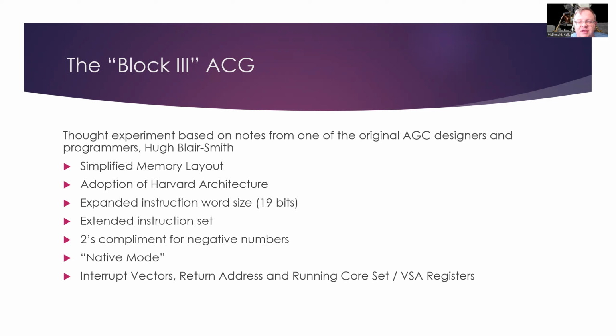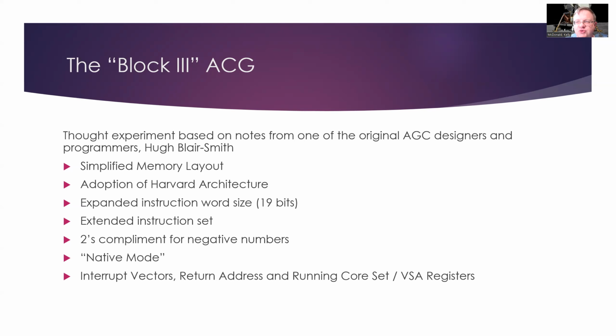There's also talk of adopting a Harvard architecture. I'll talk a little bit about that in just a second. The AGC is more the traditional von Neumann architecture, and I'll discuss what the difference between those two is. But this Harvard architecture would allow us to split out the erasable memory from the fixed memory, instead of addressing it as one big continuous memory map. Some of it is writable, some of it not.